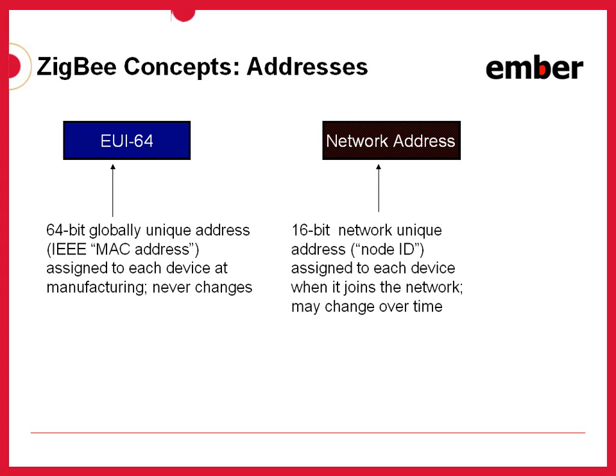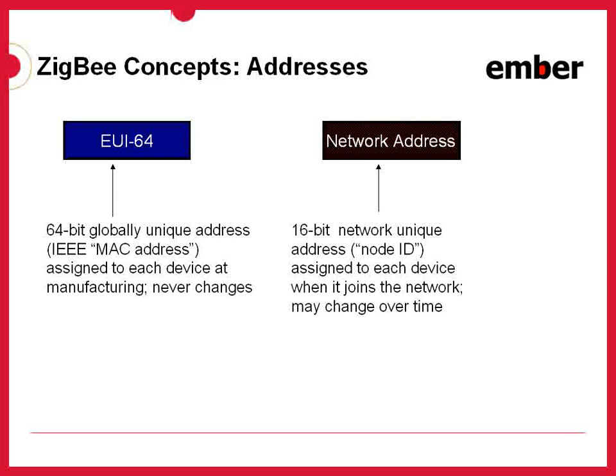It's assigned as the node enters the network. It's supposedly unique within that network, but there may be two networks that each have a node with the same ID. But because they're in different PANs, that's okay. So it's only unique within the network, where the EUI64 is unique across all radios everywhere.